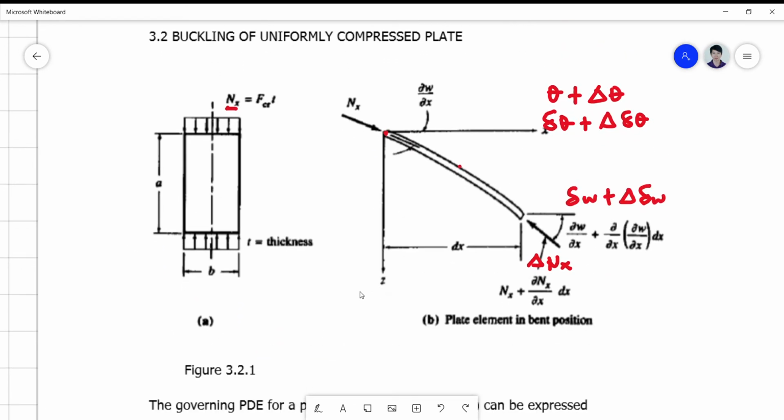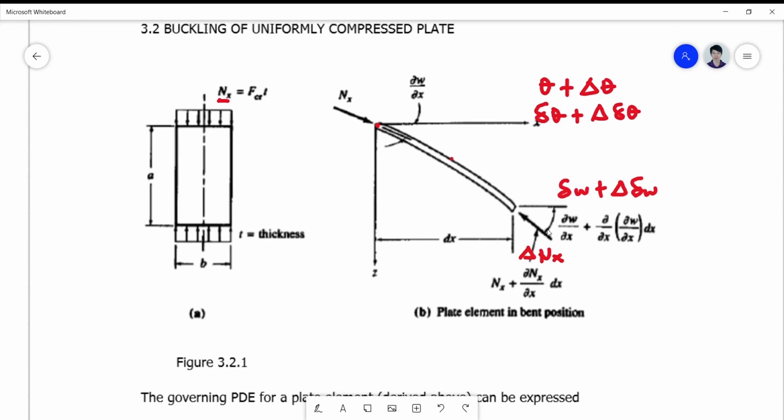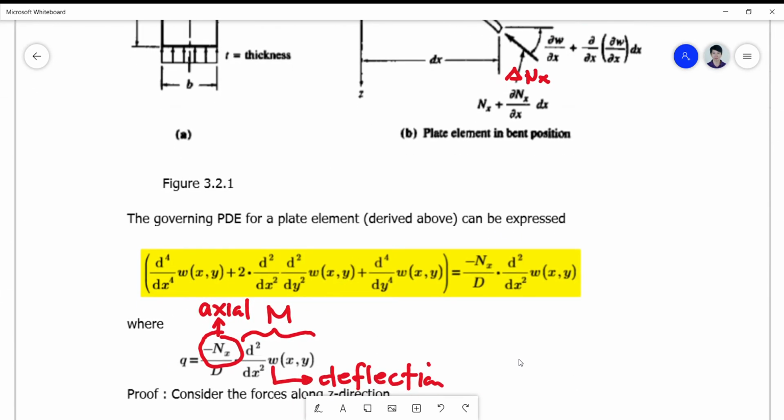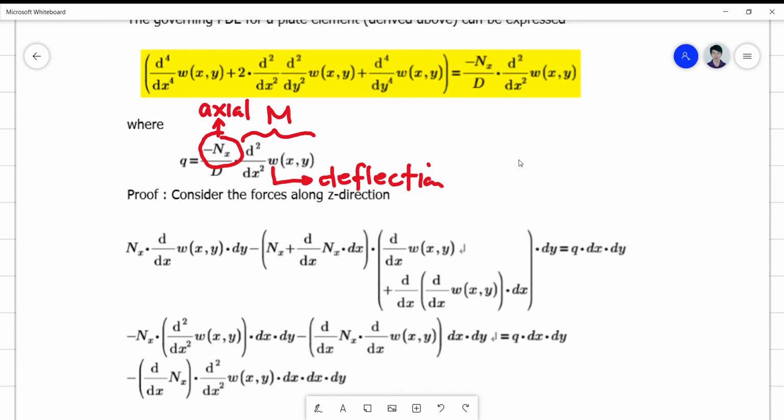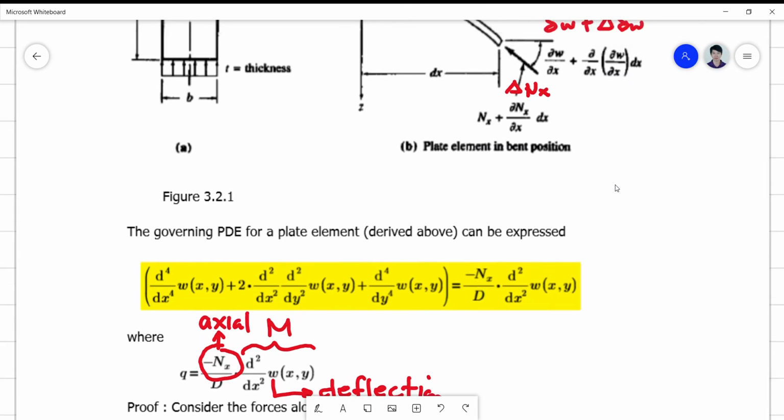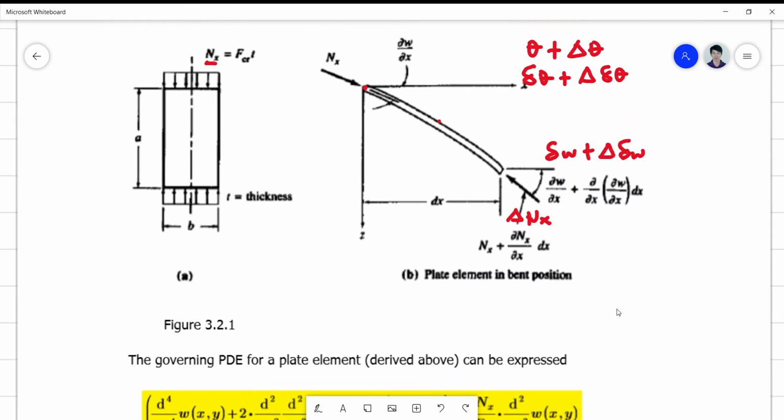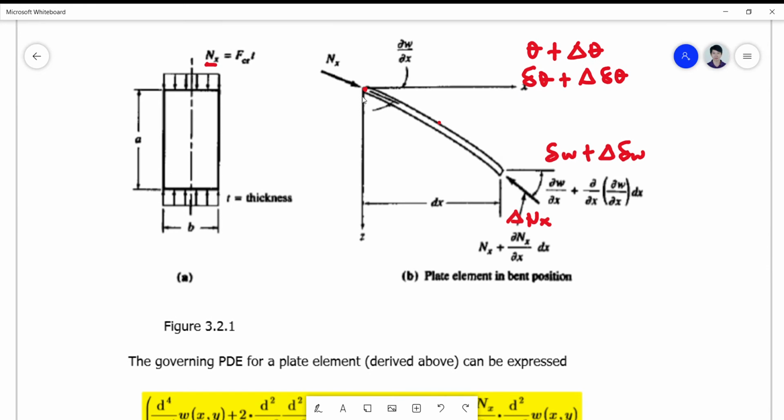In which your Nx and your value here for Nx plus delta Nx are summed vertically, such that if we are going to count the forces, it's simply the component of this Nx and the component of this Nx plus delta Nx.